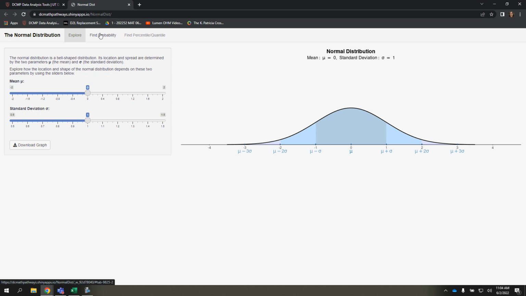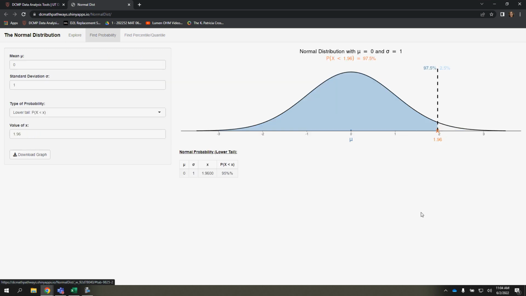If you were doing this manually with the find probability, you probably would have started off by finding a z-score. And then, if you're not using technology, you could use a z-score table basically to find those given probabilities. What the app does is it asks you for your mean, standard deviation, and then what value you're looking for. And it's going to then give you the probability based on that value.